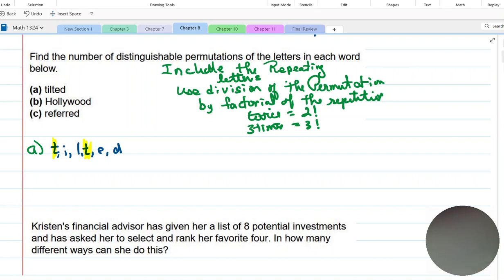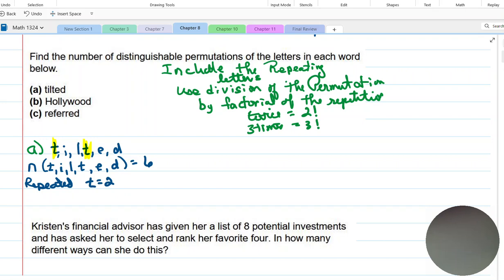So our first step is find the cardinality of that set. So we have 1, 2, 3, 4, 5, 6. All right, I got 6 of those in that word. And then we need repeated. So that would be the T is repeated twice and everything else is okay.